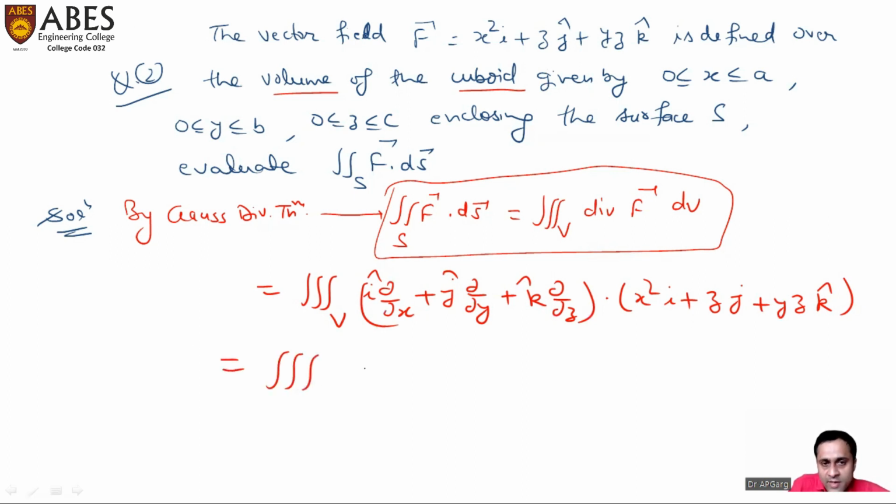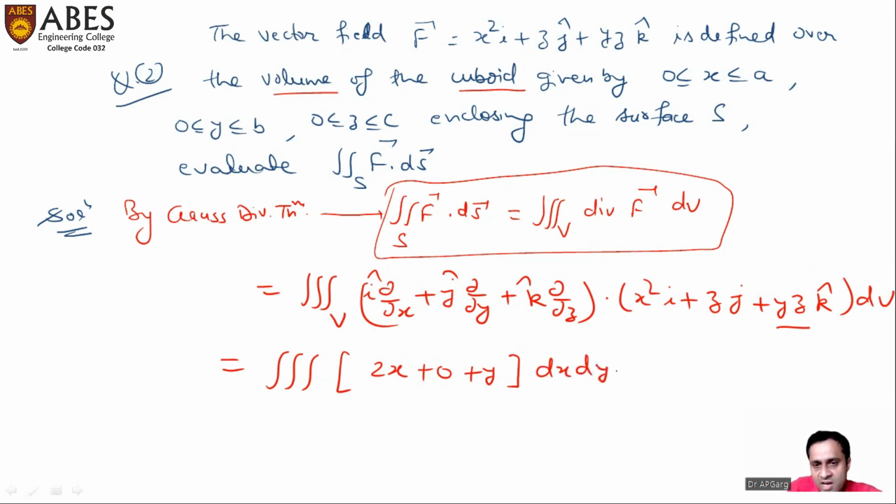So the dot product will be del by del x of x square, which is 2x. Del by del y of z will be 0. And del by del z of the last term, that is yz, will be y. And finally, we also have dV, that is dx, dy, and dz.